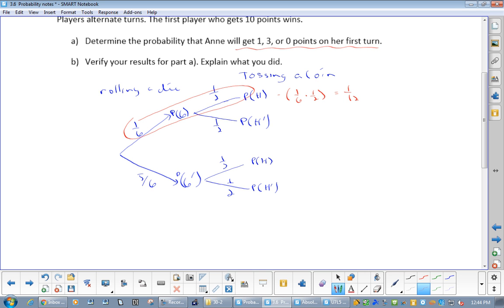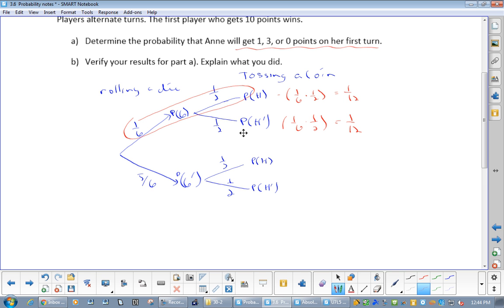Now the probability of getting 6 and tails would be 1/6 times 1/2 again, right? Just 1/12. Now what's the probability of getting anything else but 6 and heads?